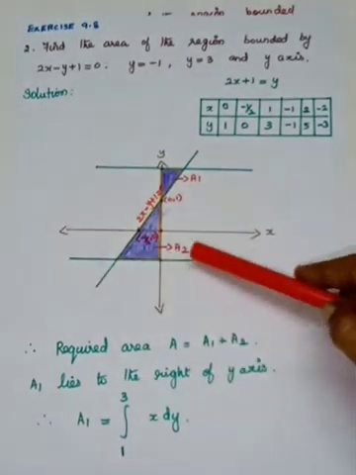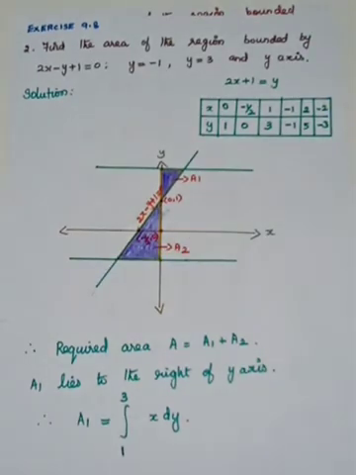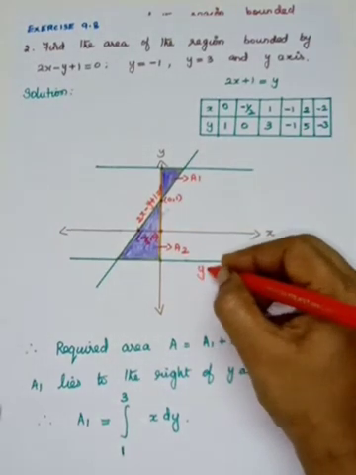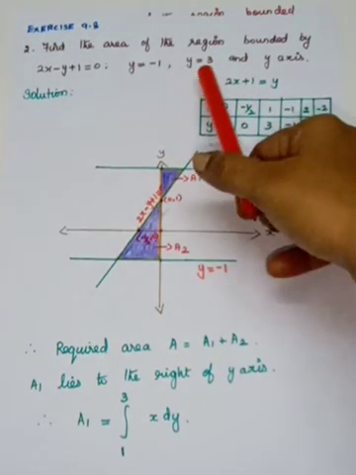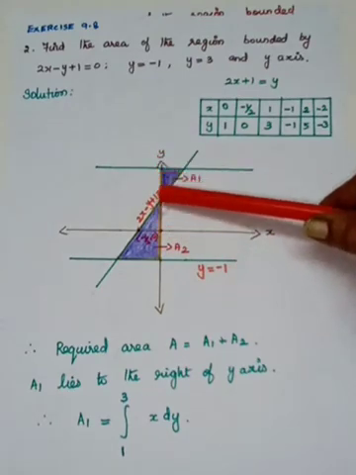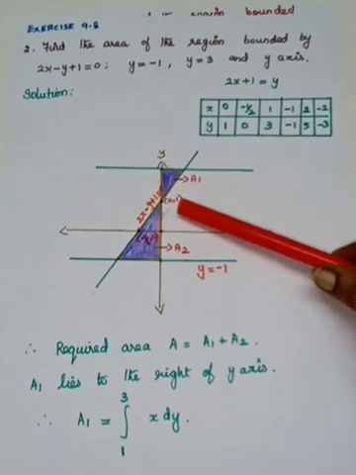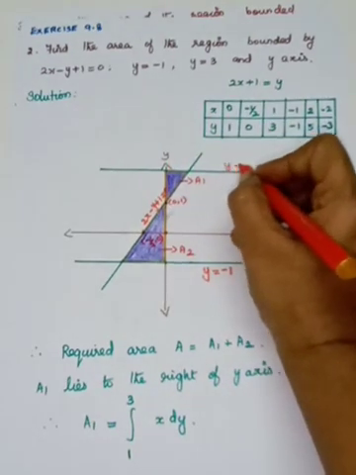Through that you have to draw the horizontal line. This is your y is equal to minus 1 line. And next, y is equal to 3, which is on the positive side of the y-axis. So you have to go for 3. This is the line y is equal to 3.